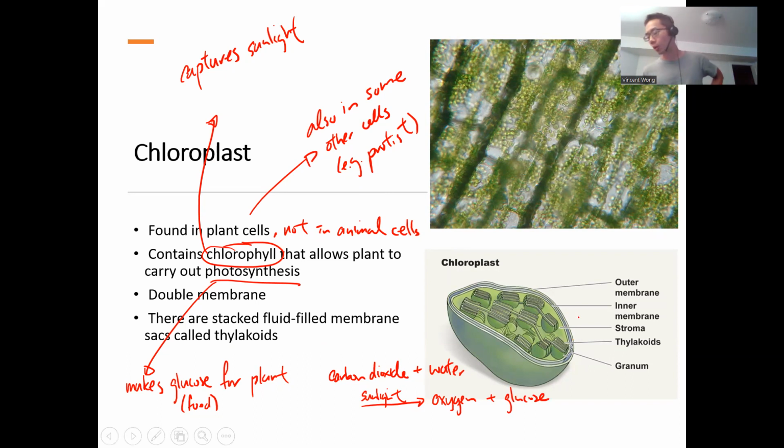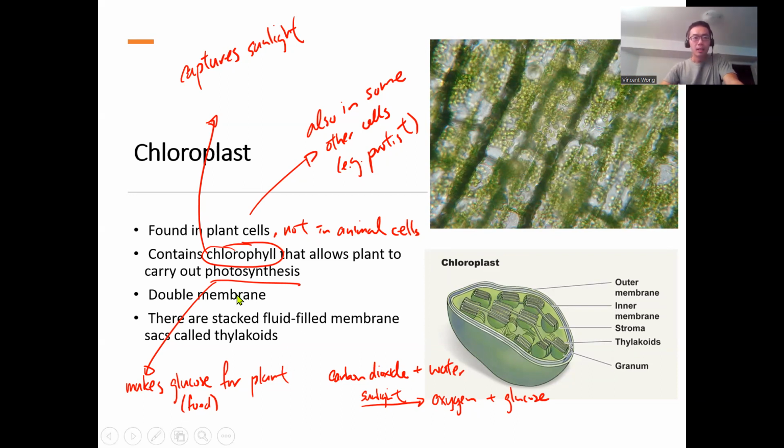Now that glucose is going to be stored as food for the plant, right? Okay, in the form of starch. Then the plant can use that in cellular respiration. Okay, the difference between us and plants is plants have to make their own food. We eat our own food, right? And then you will use it to burn the glucose to produce energy.